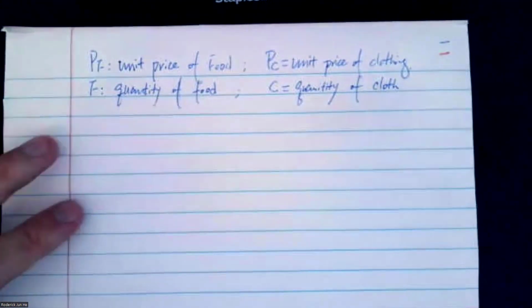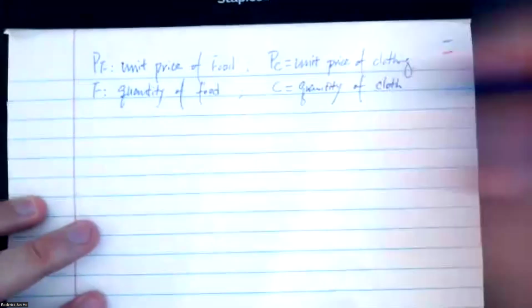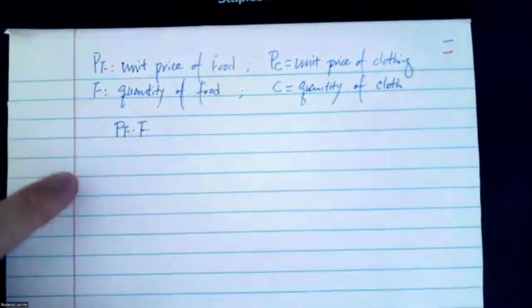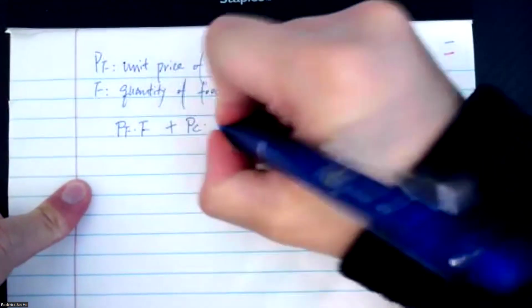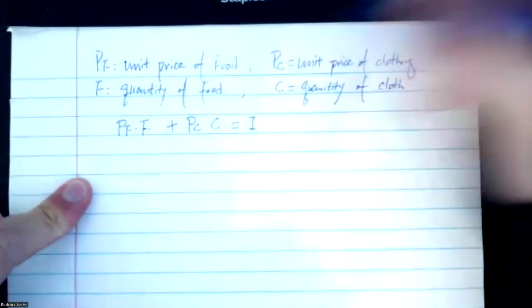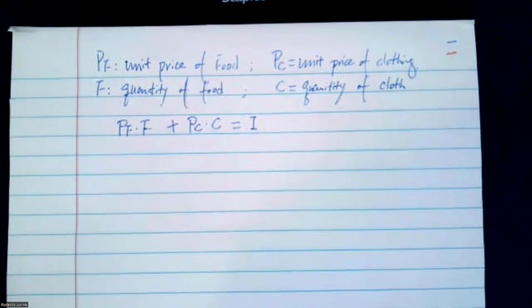What we introduced is that the total expense in food, PF by F, plus the total expense in clothing, PC by C, equals the total income.